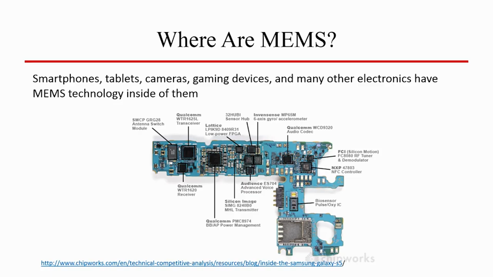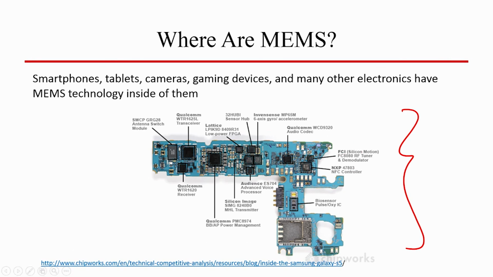So, if you see the slide, these smartphones, tablets, cameras, gaming devices, and you can see a module in which there is an antenna switch module, there is a transceiver module, there is a sensor module, low power FPGA module, accelerometer is there, audio codec is there, then there is a tuner and demodulator, controller is there, right.